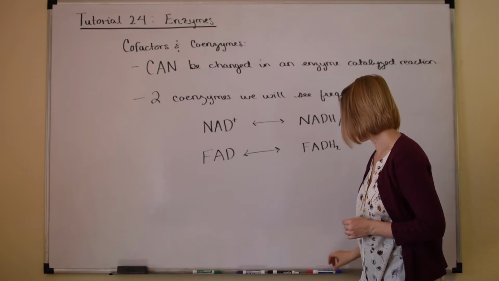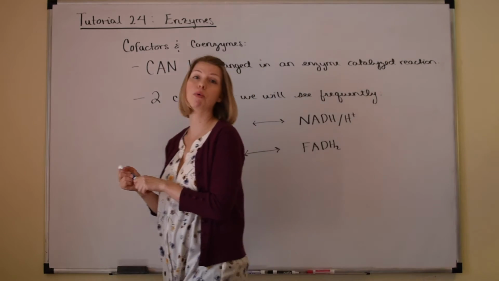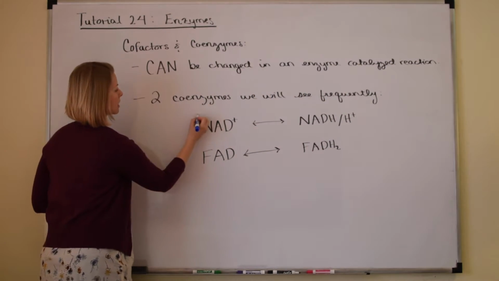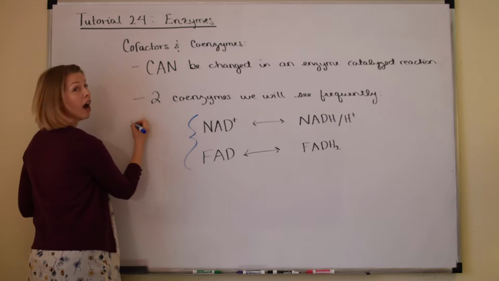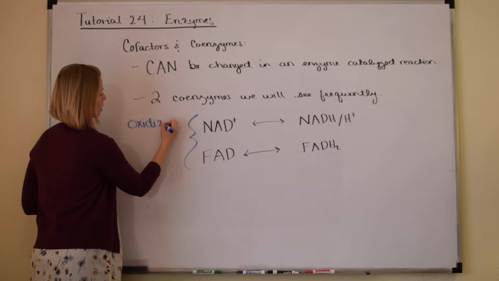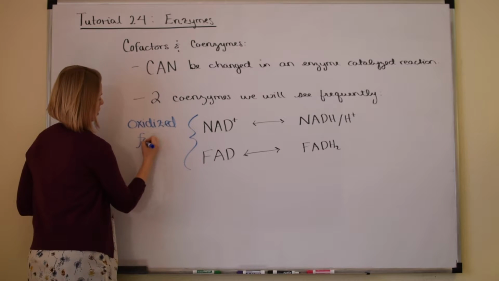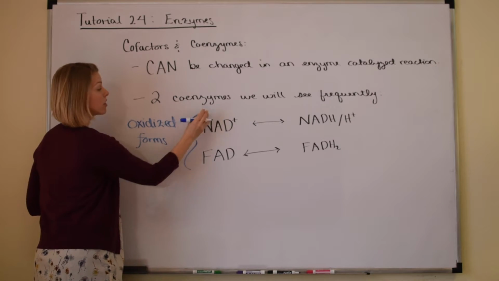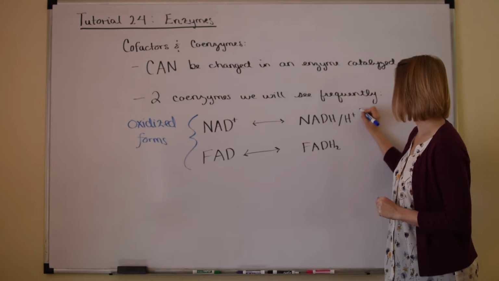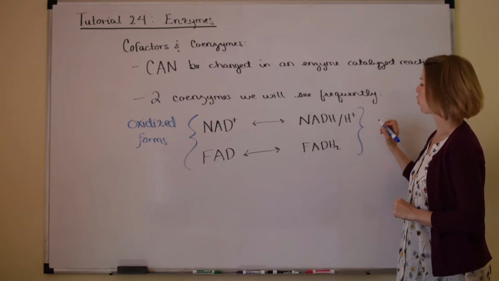Okay, so let me label that. That's very important, or it's going to be very important once we get to metabolism. Over here, I've written the oxidized forms of the two coenzymes, and over here, I have written the reduced forms.